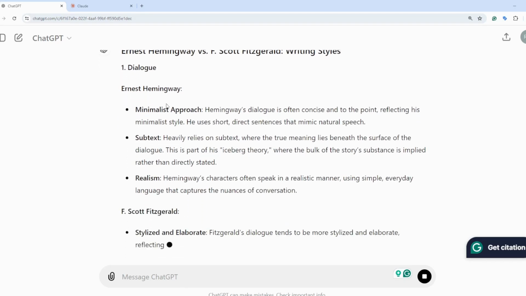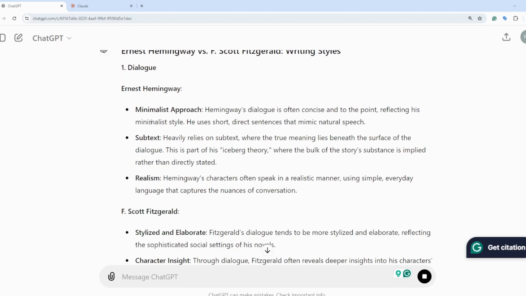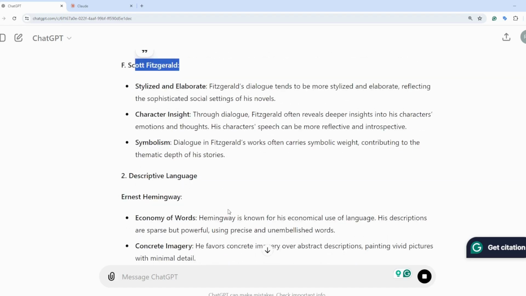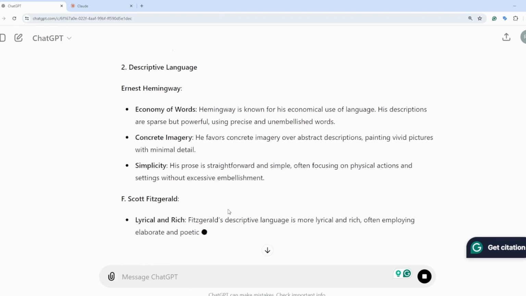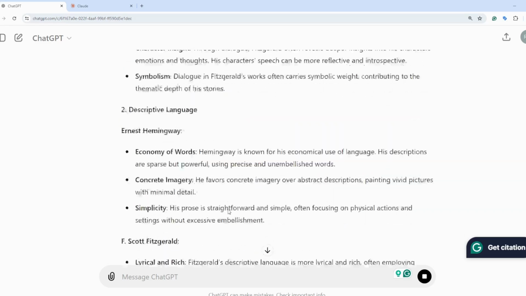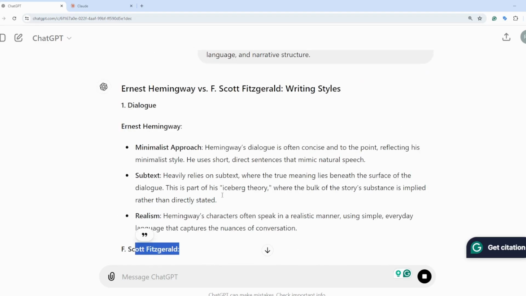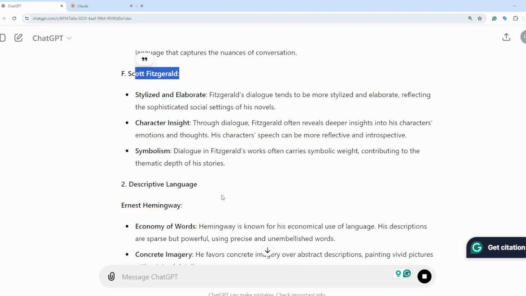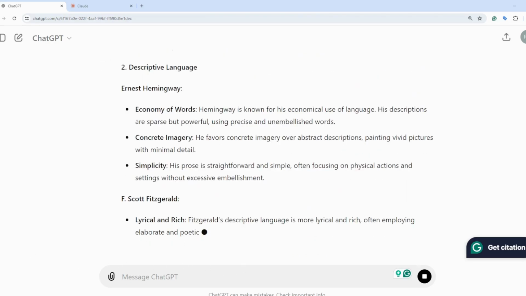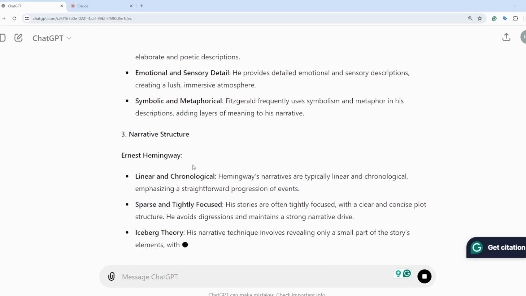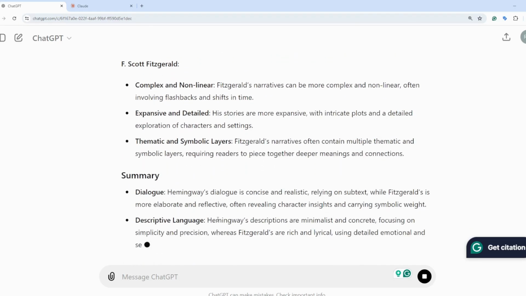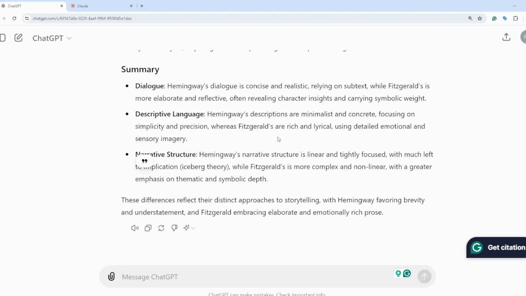Okay, Ernest Hemingway, so their dialogue, and Scott Fitzgerald, it's giving the style of this one. I think there is some problem with the speed of ChatGPT today, but yes, it's working. Okay, we got everything, I think, what we are looking for.